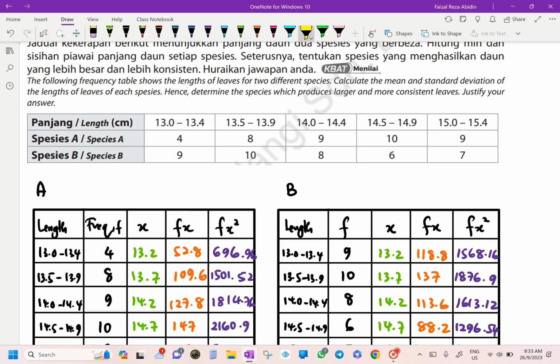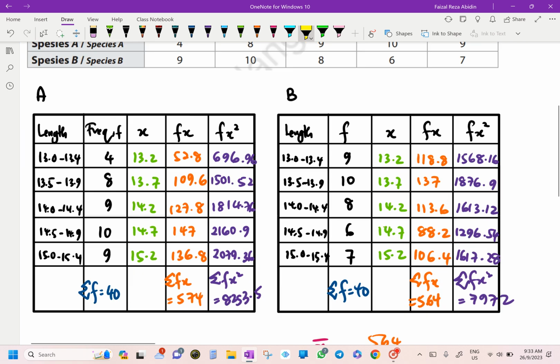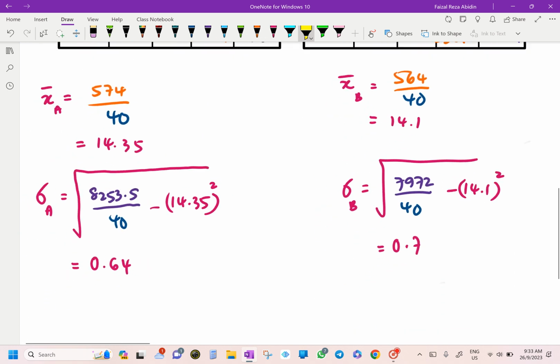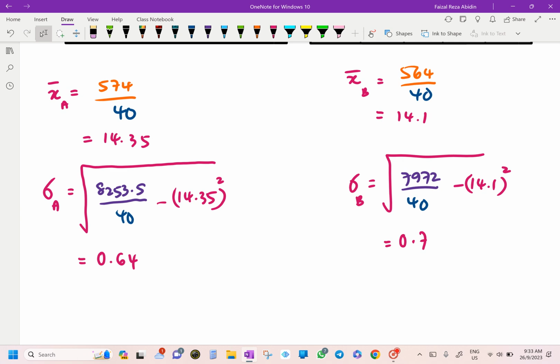The question asks which produces larger and more consistent leaf, justify your answer. For larger, we look at the mean. 14.1 and 14.35 are a little different, which one is bigger? Species A produces the larger leaf.